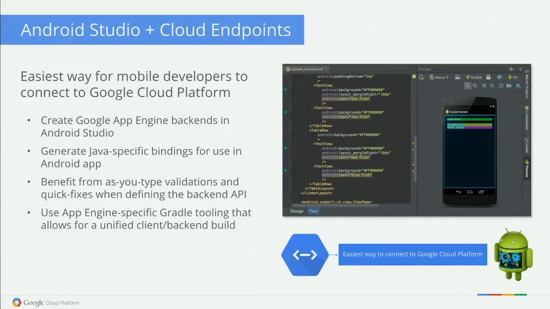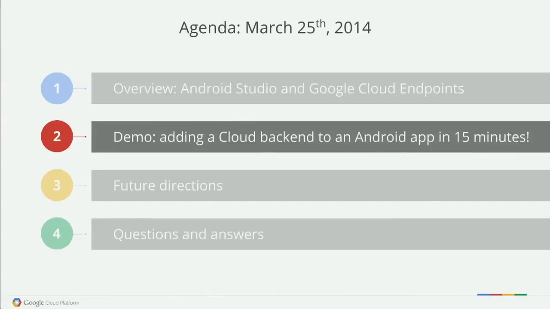We're going to show you all of this during the demo in the next 15 minutes or so. One thing I would like to mention as well is that it's all using Gradle as a build system, so it's very well tied together, with a unified build across the command line and the IDE, for both the backend and the frontend. So let's jump into the demo.